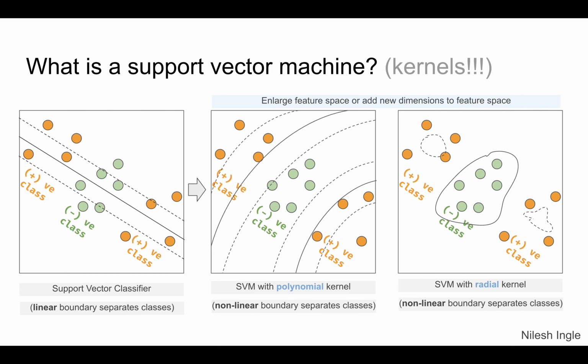Now, what support vector machine does is it builds upon all those ideas and adds a new capability of kernels. As we have seen in the previous video on kernels, the central idea with using kernels is that, let's say you have a data set in two dimensions that cannot be separated linearly.